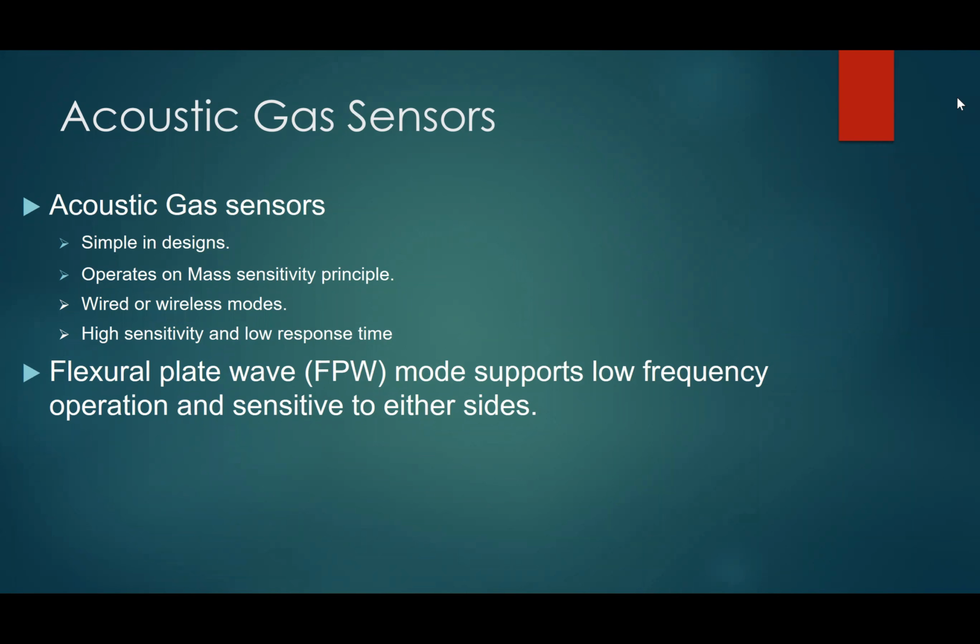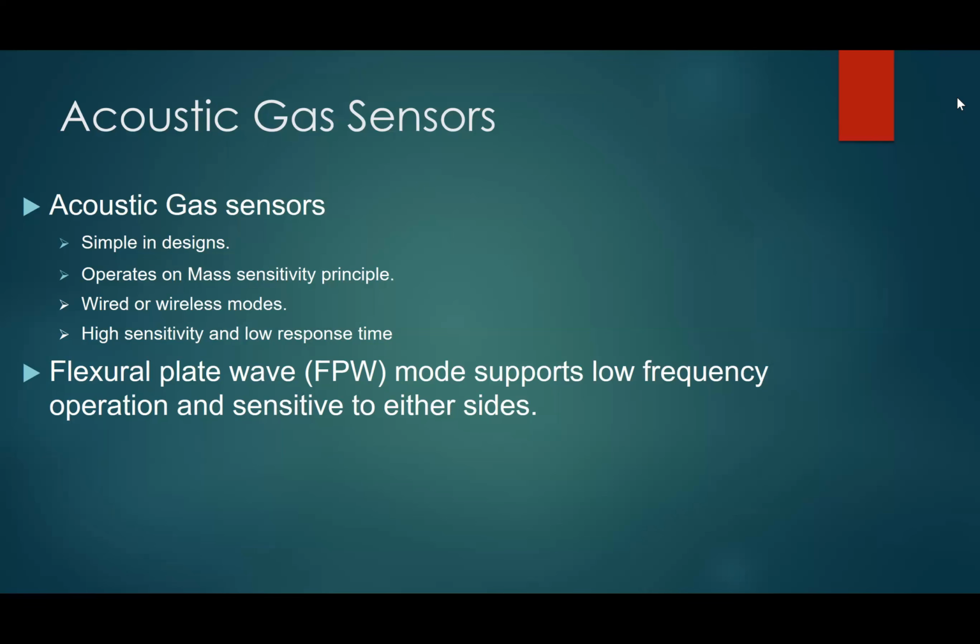Acoustic sensors are very sensitive to mass sensing, a small mass change on the surface, so that makes these sensors highly sensitive towards gases. They have low response time, and you can make these acoustic gas sensors operate in both wired or wireless mode. That's another big benefit.